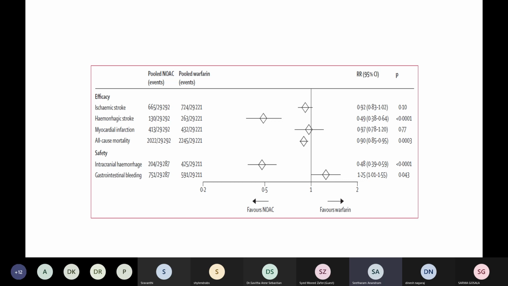Across the board, it is either superior or at least non-inferior to warfarin in terms of ischemic stroke, hemorrhagic stroke, myocardial infarction, or all-cause mortality. It also has a better intracranial hemorrhage profile. Probably in patients with GI bleed, there's a slightly increased risk with NOACs in comparison to warfarin.